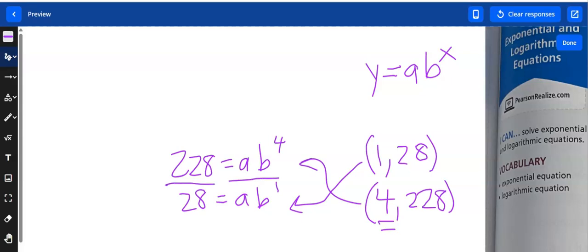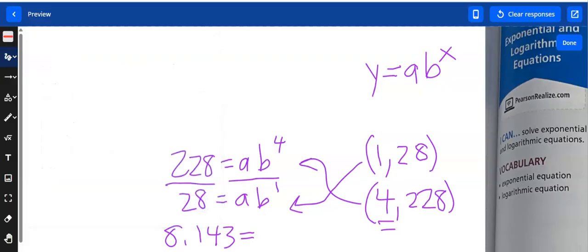And so, of course, we're going to take a calculator because nobody knows 228 divided by 28. Well, not a whole lot of people in the world. Maybe the geniuses, but not me. So 8.143 is equal to what? What's over there on the right side?